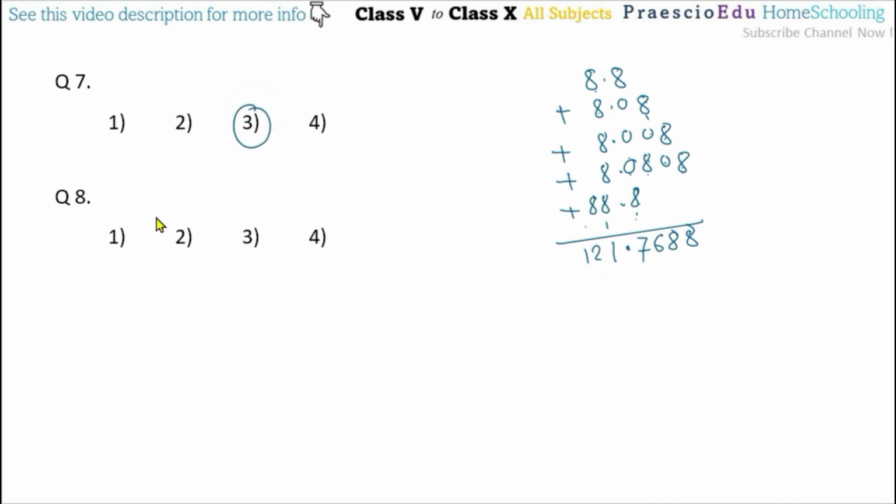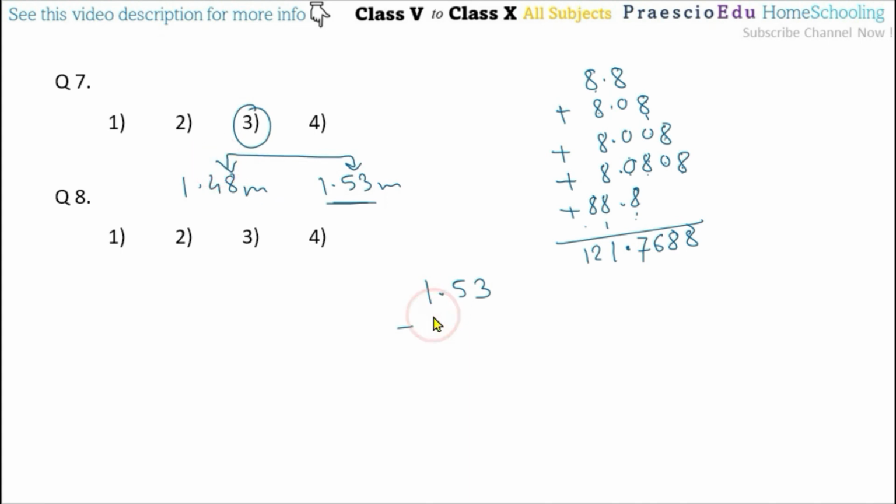Now question number 8: the height of Satish is 1.48 meter and that of Salil is 1.53 meter. What is the difference between their heights? Now the higher number is 1.53. We have to do the subtraction because we have to find the difference between these two heights.